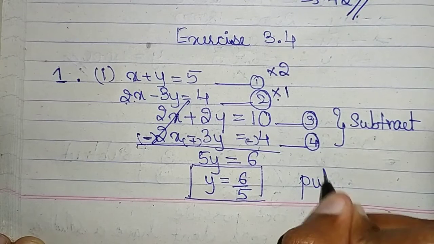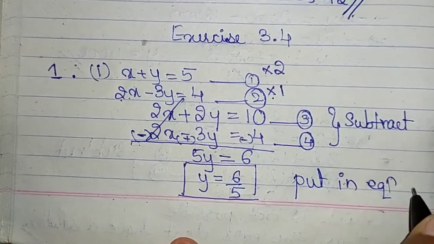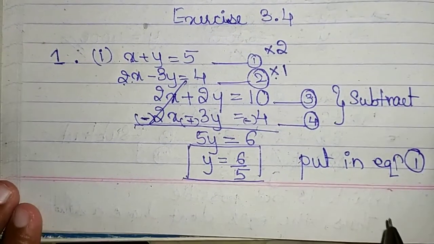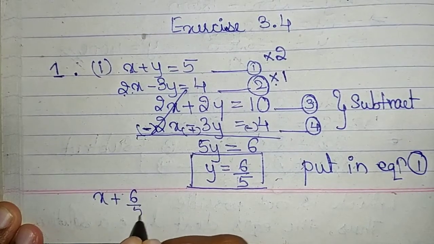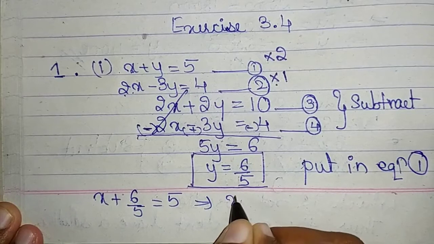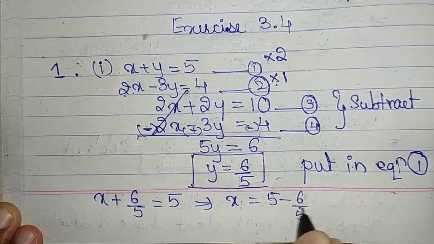Put in equation 1. We'll get x plus 6 by 5 is equal to 5. This implies x is equal to 5 minus 6 by 5.